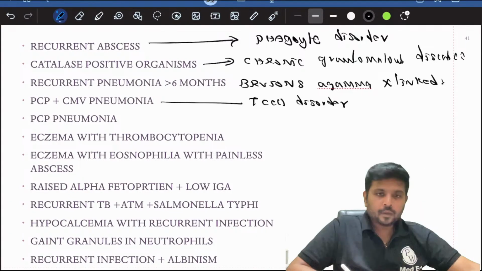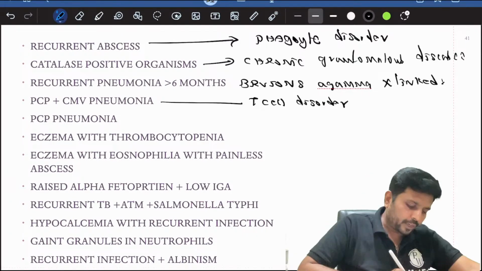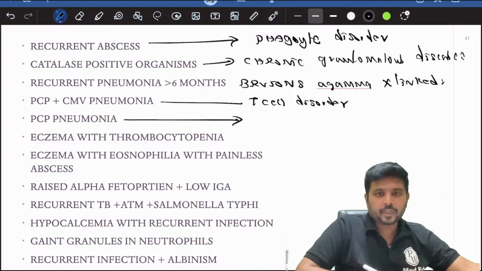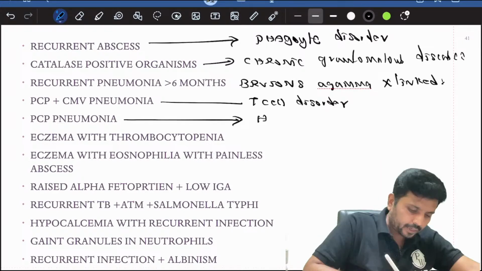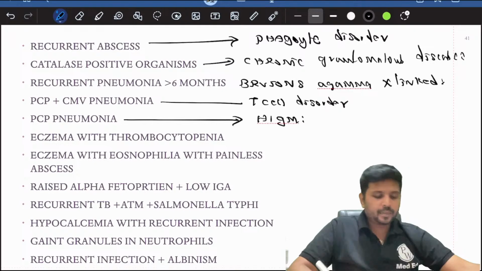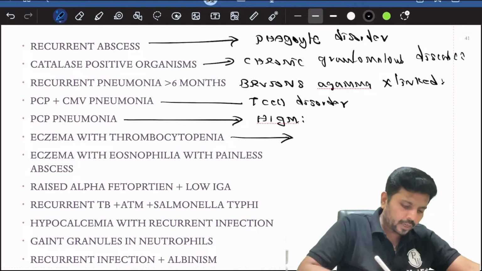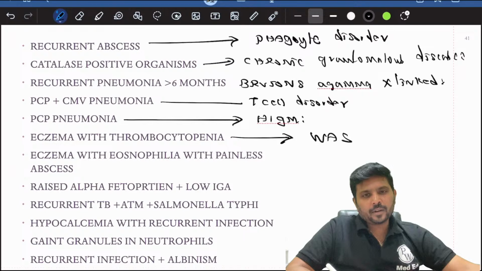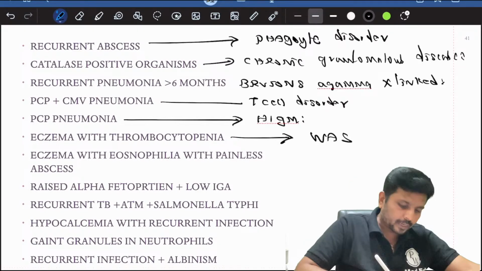When you have PCP pneumonia alone, along with other deficiency, it can occur in hyper IgM syndrome. Eczema with thrombocytopenia, you all know, is Wiskott-Aldrich syndrome. Eczema with eosinophilia and painless abscess is hyper IgE.